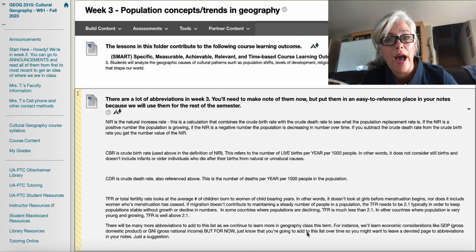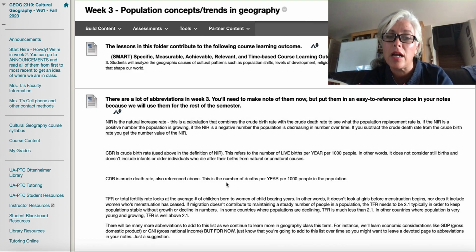These things we will learn how to interpret in a visual format a couple of ways. We're going to look at population pyramids.